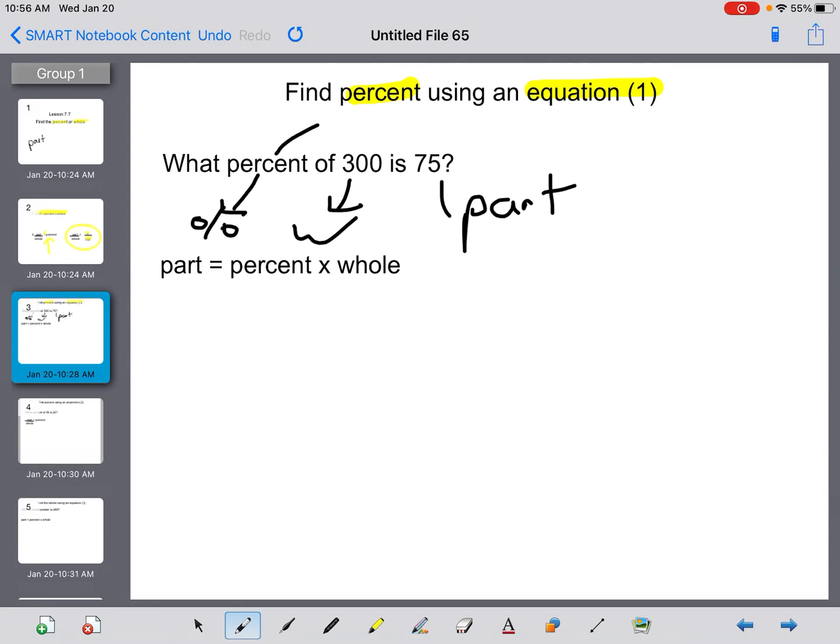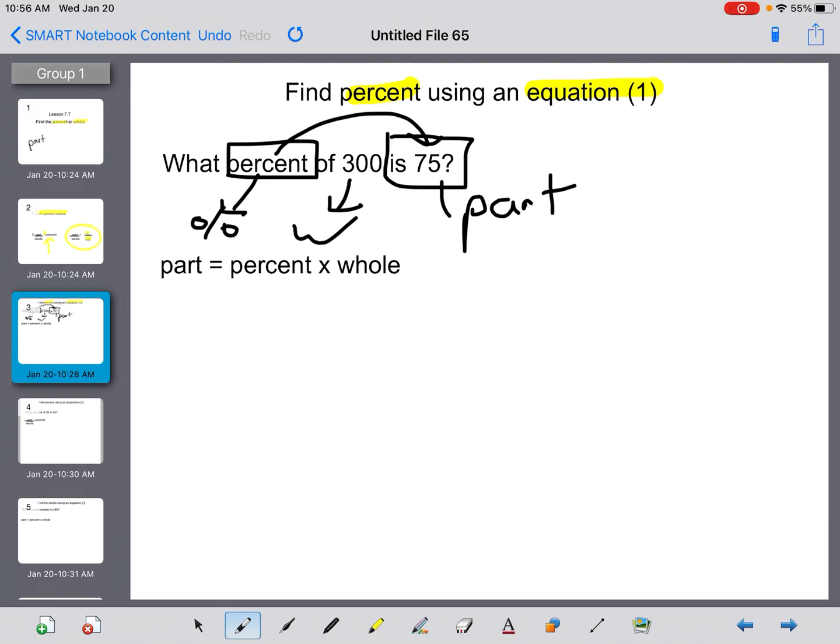So if we say what percent of 300 is 75, the percent is the part, because it's important to know what's the whole and what's the part. So always look for the word percent and then look and go, okay, where does it say is? Because that will tell you what the part is.